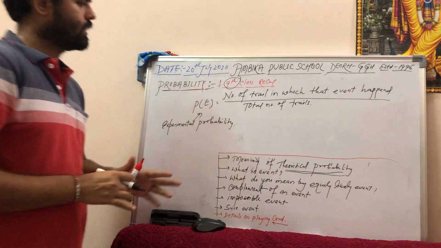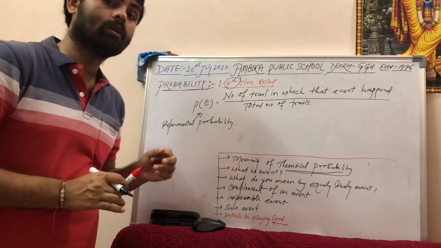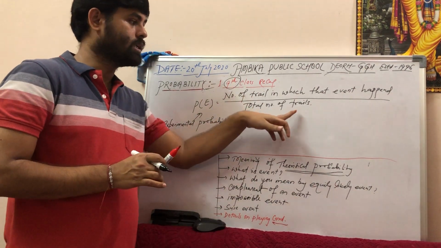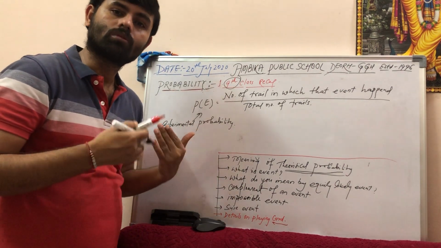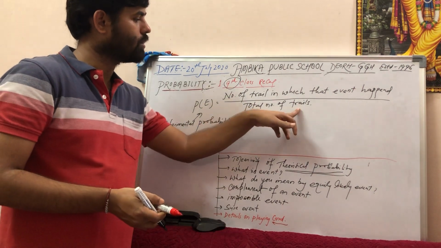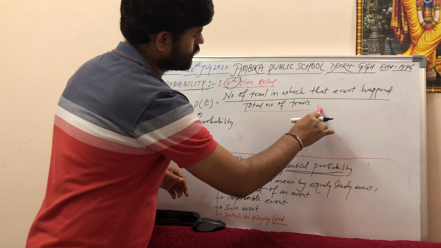In the experimental probability, it is the number of trials in which that event happened. Which event? Getting head or tail, divided by the number of total trials. Trials means how many times you have done the experiment, and in the first question it was 1000, right?